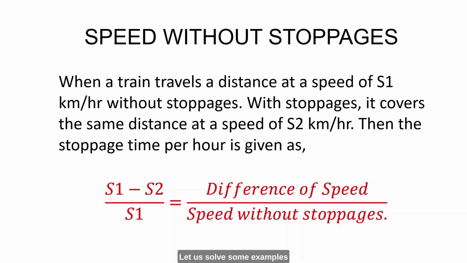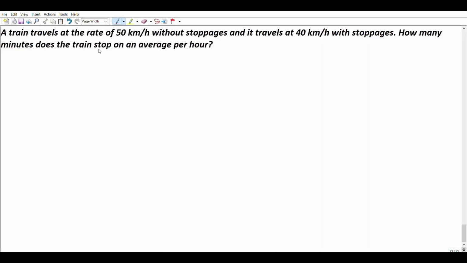Let us solve some examples to understand this simple concept. A train travels at the rate of 50 km per hour without stoppages and it travels with a speed of 40 km per hour including the stoppages. For how many minutes does the train stop on an average per hour?